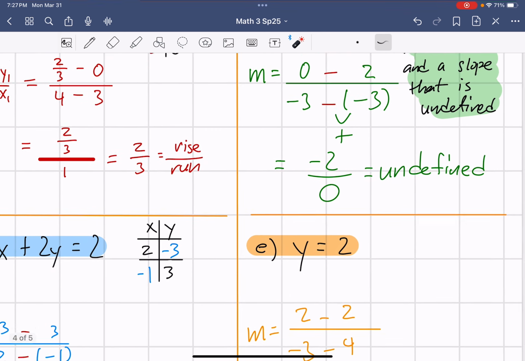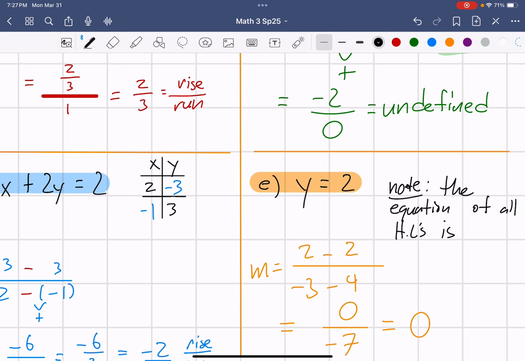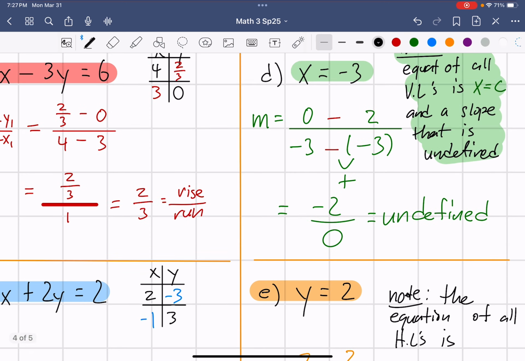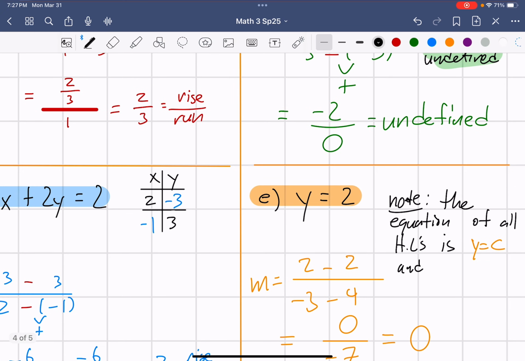And similarly, if I make a note here, the equation of all horizontal lines is y equals some constant, and what did I say?